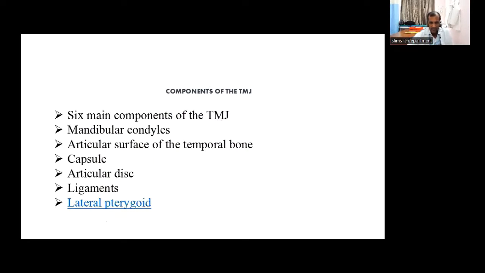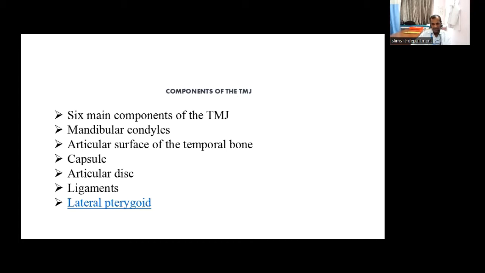Now, the six main components of the temporomandibular joint: the mandibular condyle, the articular surface of the temporal bone, the temporal fossa, the capsule, the articular disc, and the ligaments, and the attachment of the lateral pterygoid muscle beneath the head of the condyle.